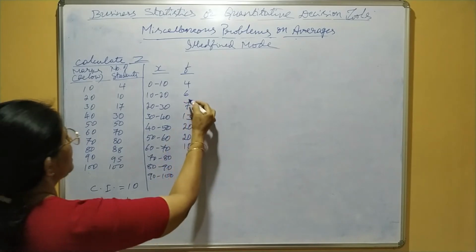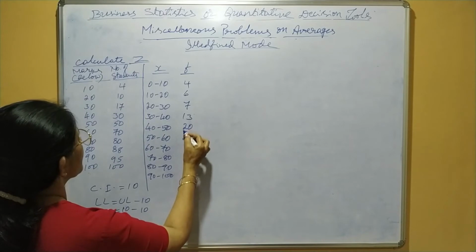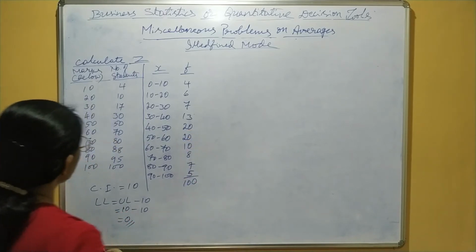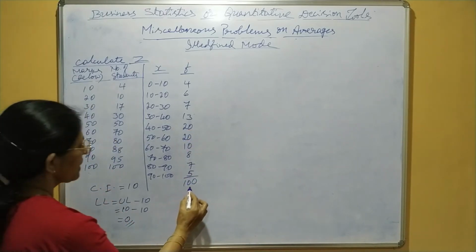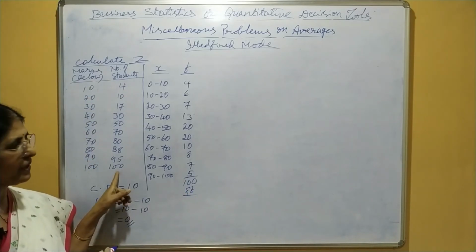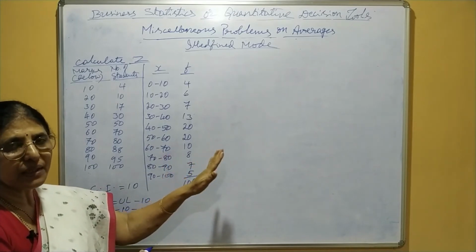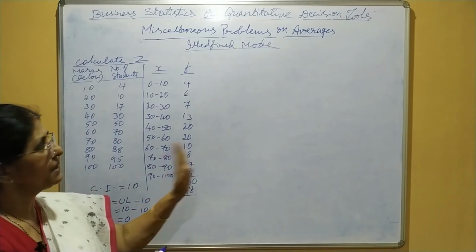Now take the total. See, it is 100. Sigma f must be equal to the last cumulative frequency. Your conversion is correct. Conversion into ordinary frequency or simple frequency is correct.